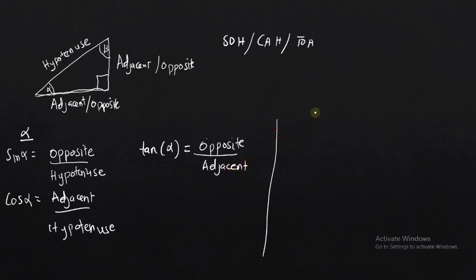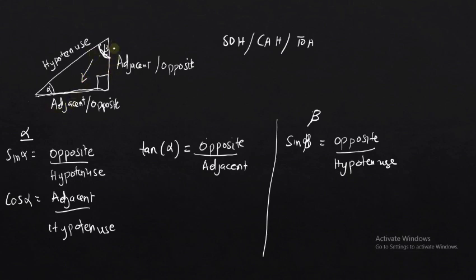You can do the same for beta. Let's just write sine of beta. You'll get opposite over hypotenuse. But this time the opposite side is different, because we are considering this angle now. So the opposite will be this side. It will no longer be adjacent for this side.